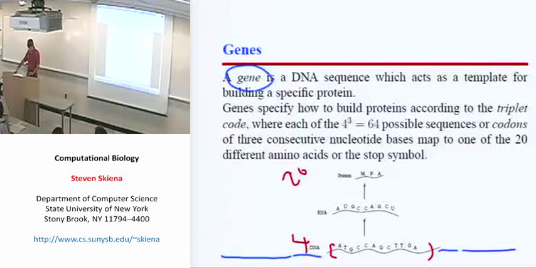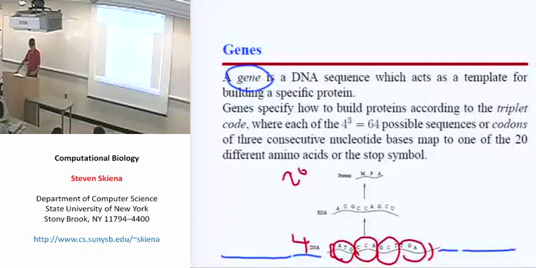In particular, the gene can be interpreted as groups of 3 letters in a row, where each sequence of 3 DNA letters describes how to make a particular one of these 20 letters, these amino acids as we call them. How many possible 3-base sequences are there? Let's think about it.